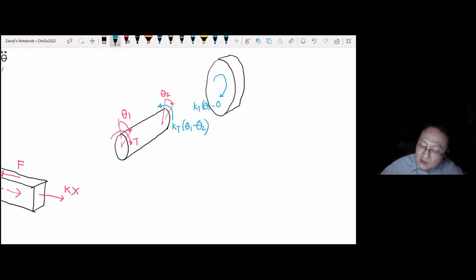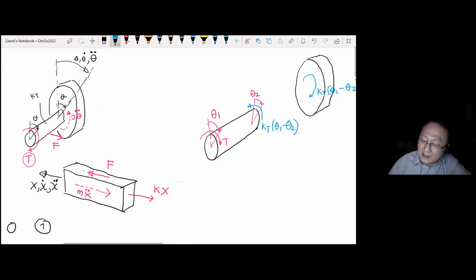It tries to move the rack in this direction.